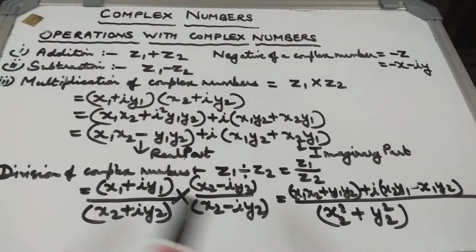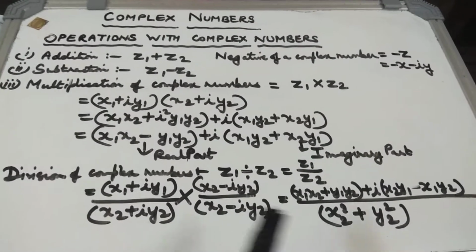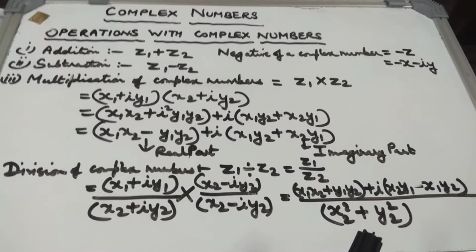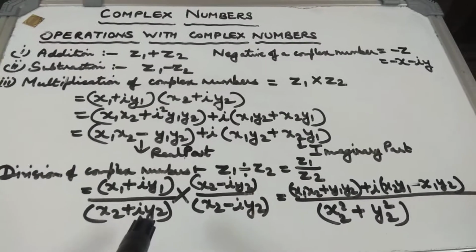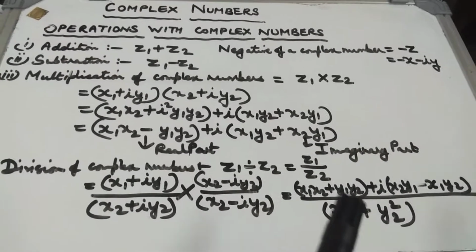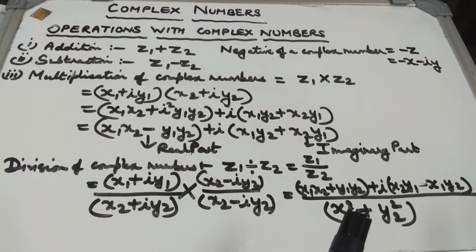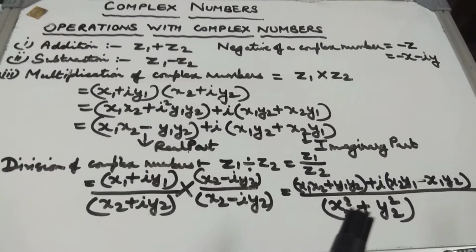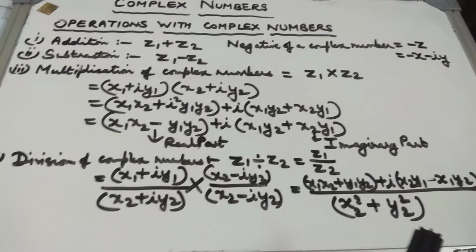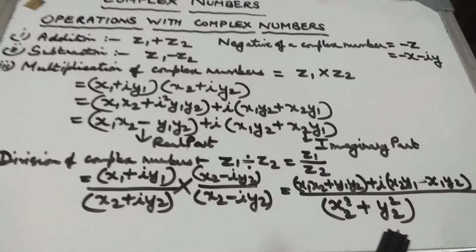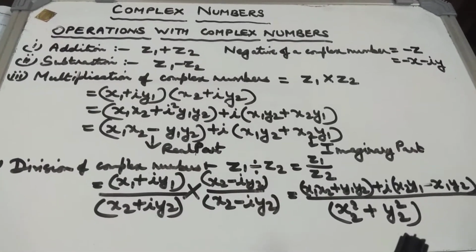Now, how do we do that? Denominator now becomes x2 square minus i square y2 square, but minus i square could be replaced by plus 1, and hence it becomes x2 square plus y2 square. Please note this step very carefully.